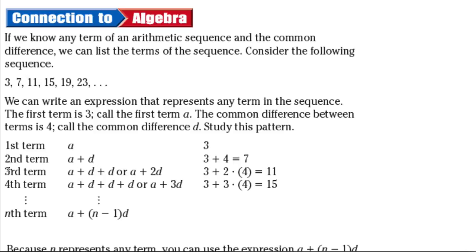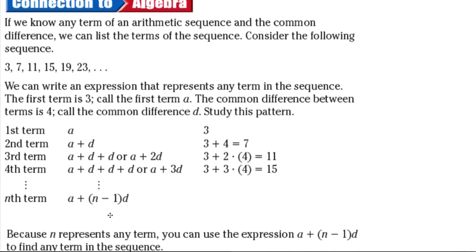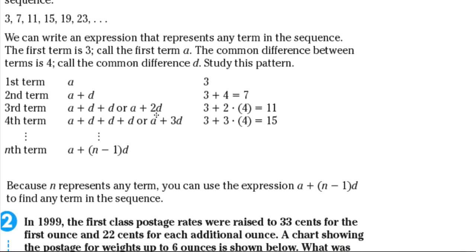If this continues, and instead of a fourth term we look at the nth term, the nth term would be A plus n minus 1 times D. So we now found our formula for finding a term of an arithmetic sequence, and you need to memorize this for the test.